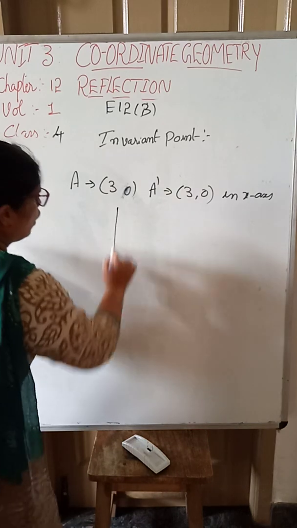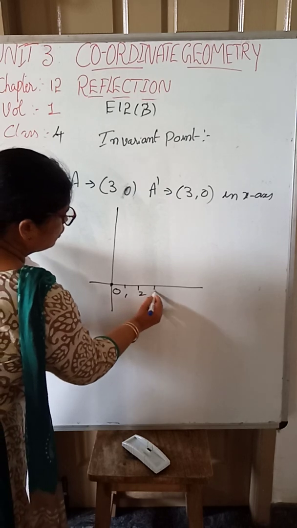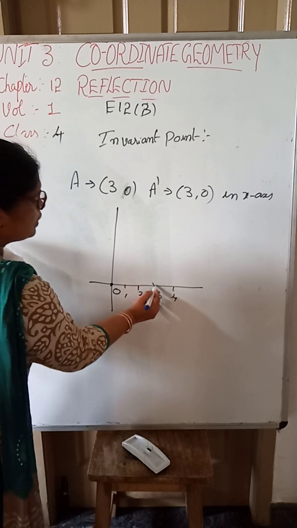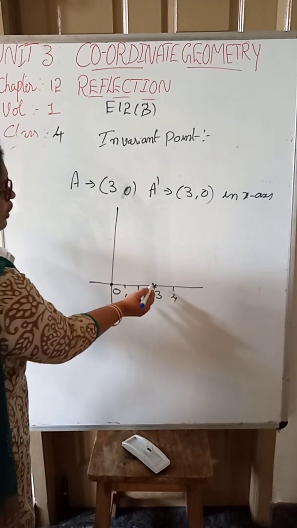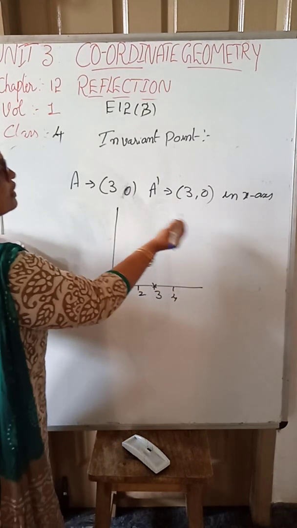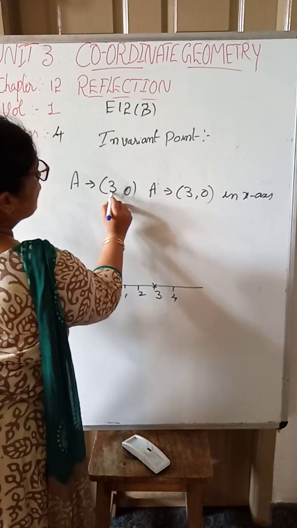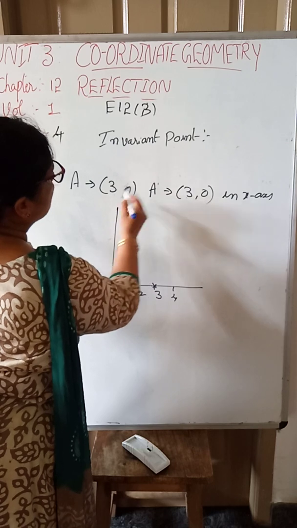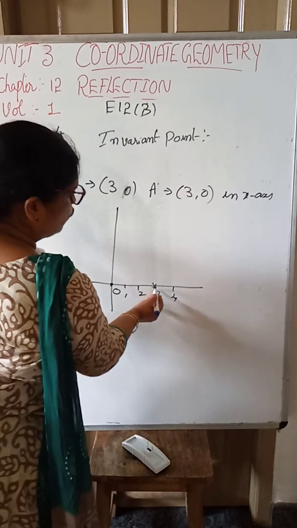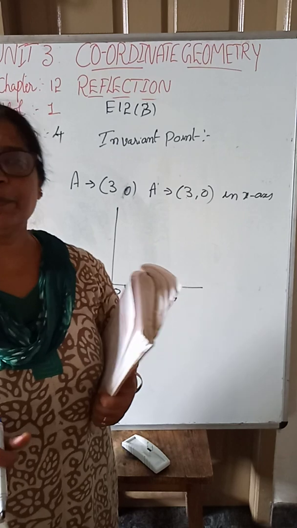When I draw the graph, you come to know this is the origin, 1, 2, 3, 4. See here 3, 0: y is 0, so even in the reflection it remains here itself when reflected in the x-axis. x remains the same, 3 has to be the same. Because y is 0, it will be 0 itself. So it takes place in the same place itself. So these are said to be invariant points.